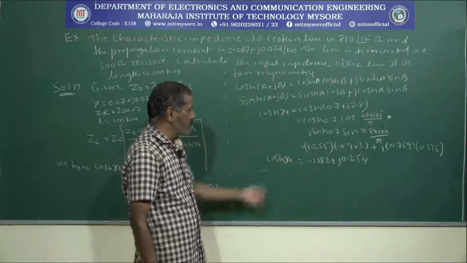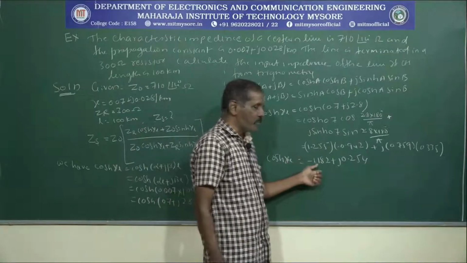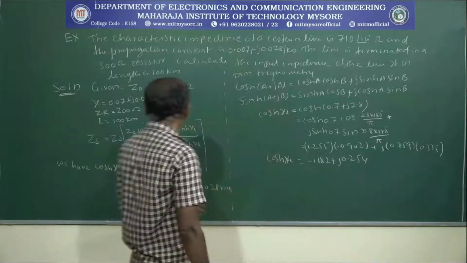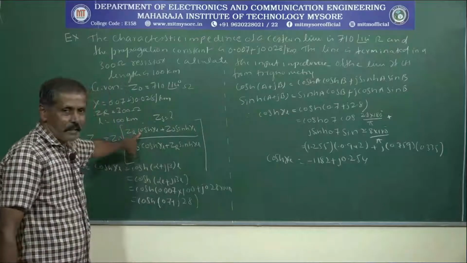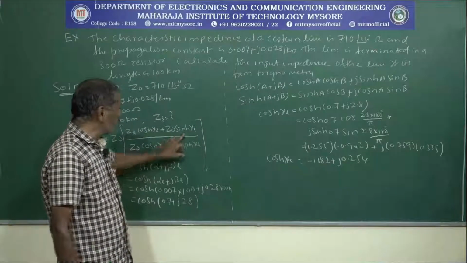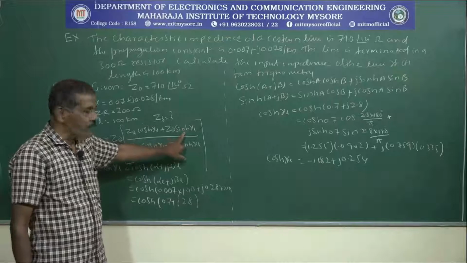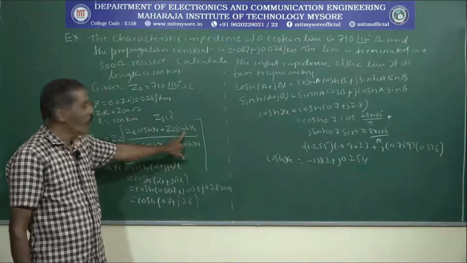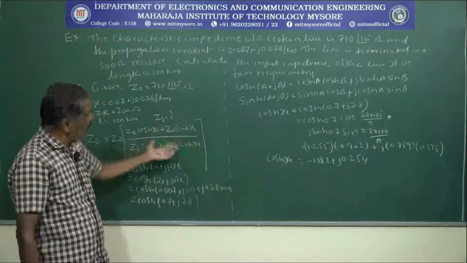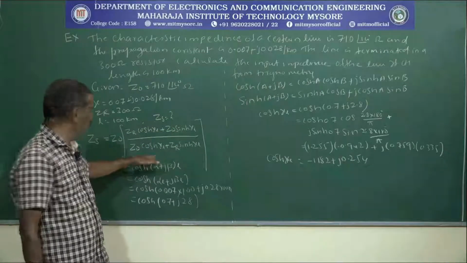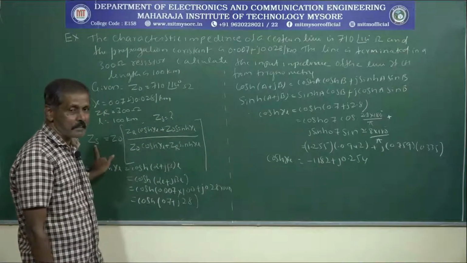If you simplify this equation, we get the value of cosh of gamma L. Next, we are supposed to calculate the value of sinh of gamma L. Once you get sinh of gamma L and substitute the values in this equation, we are going to get the Zs value.